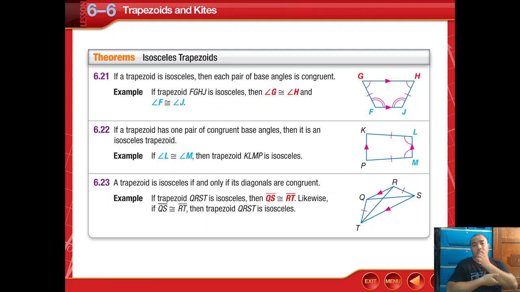Example: trapezoid FGHJ is isosceles, then angle G is congruent to angle H, and angle F is congruent to angle J. So if it is an isosceles trapezoid, each pair of base angles is congruent. Next, another.